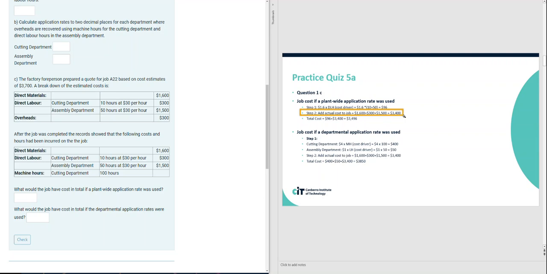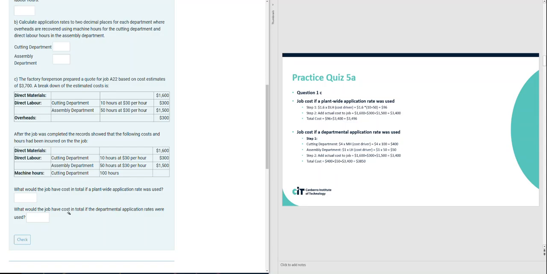And therefore, the total cost, if a plant-wide applicable rate was adopted, would be $96 plus $3,400, which equals $3,496.